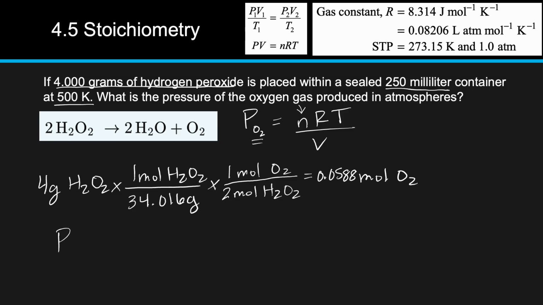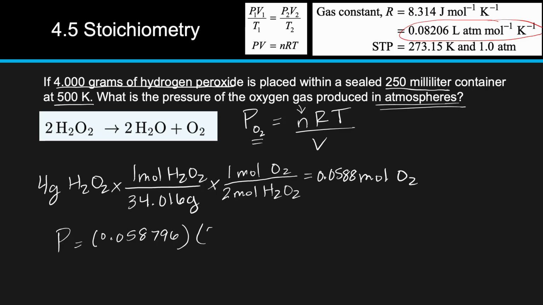So again, I'm solving for pressure. I now have my moles of oxygen gas, 0.058796. Just going to go a little bit more to keep units right. Since I want atmospheres, I want to use my gas constant that also has atmospheres, which is the 0.08206 gas constant.